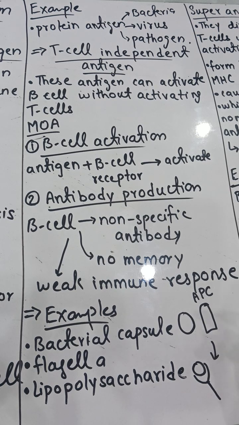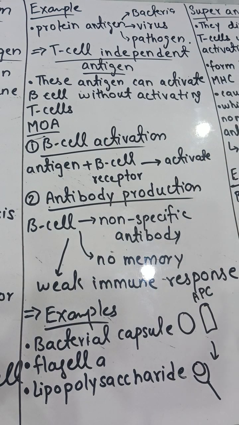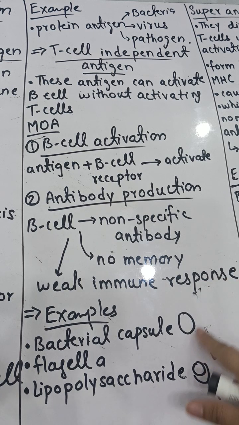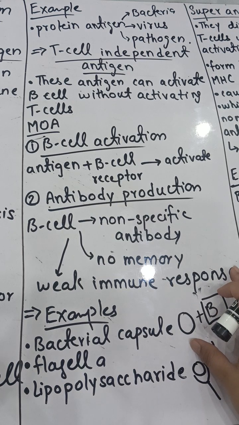But now in the T cell independent antigen, we have no APC, no antigen presenting cell. Now your antigen is directly binding to your B cells to produce your antibodies. So your B cells, I am representing with that square. This is your B cell. Now B cells have no ability to detect that antigen.